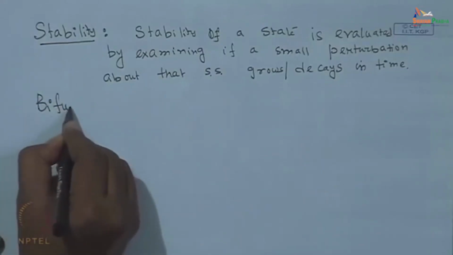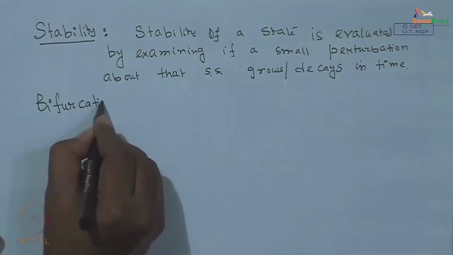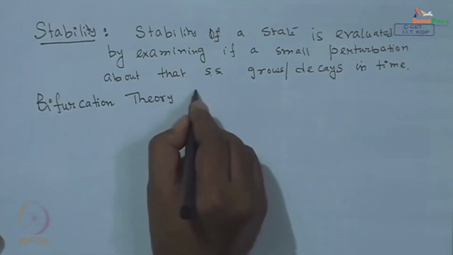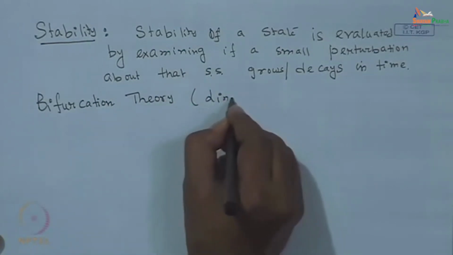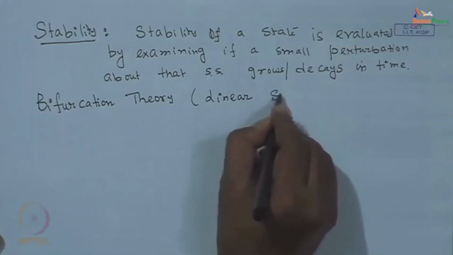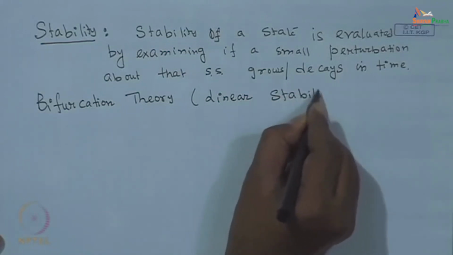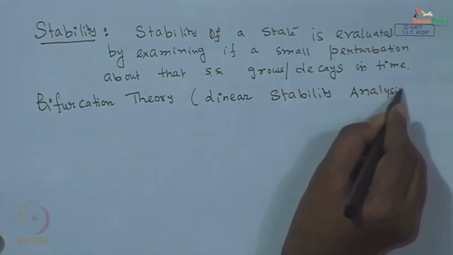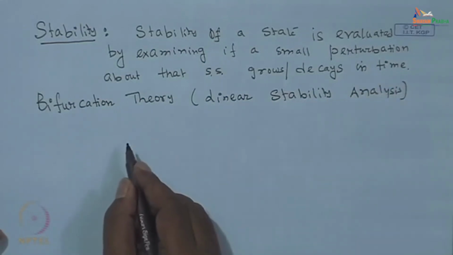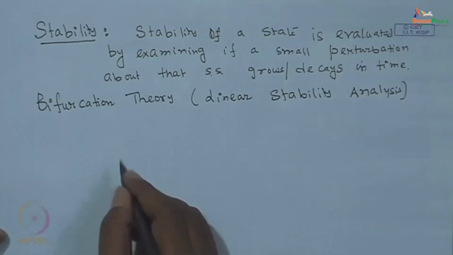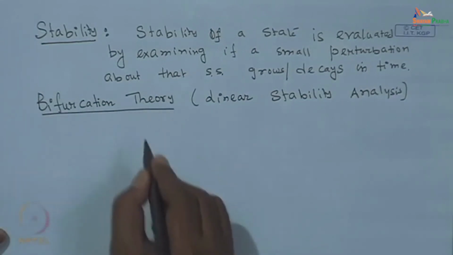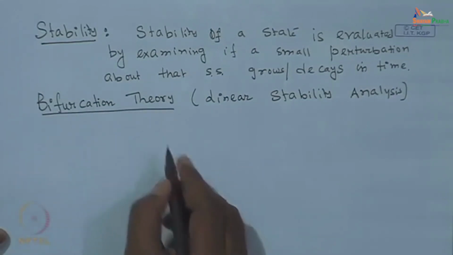Next, we look into the bifurcation theory, also known as the linear stability analysis. The bifurcation theory says that we have several system parameters.